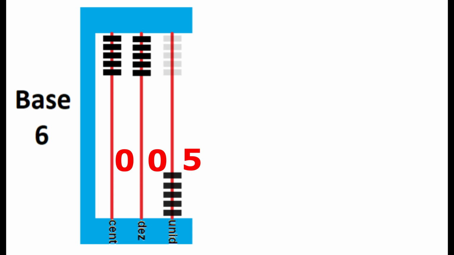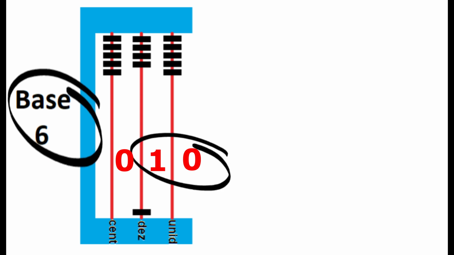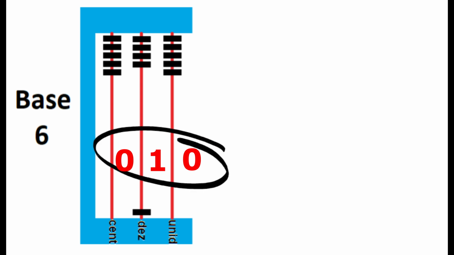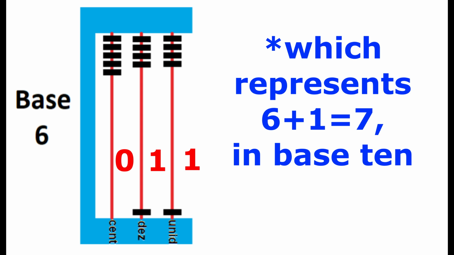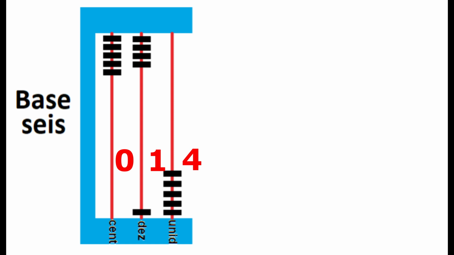We reset the column to 0, add a bead to the next column, and represent this as 1, 0 in base 6, equivalent to 6 in base 10. Continuing from there, 0, 1, 1, which represents 6 plus 1, or 7 in base 10. Next, we have 8, 9, 10, and 11.